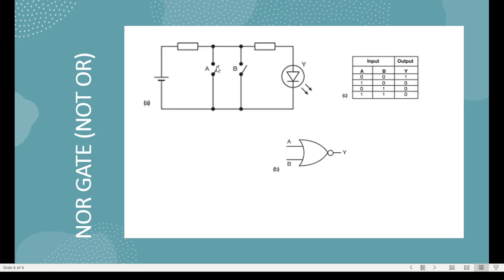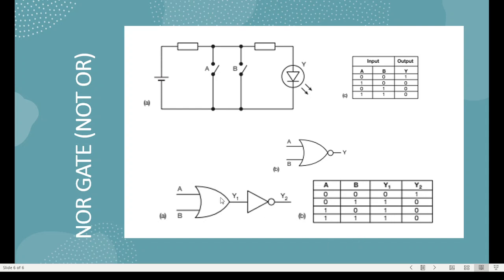Now if I leave this open and I close switch B, then I get nada, nothing at all, because the electric current will go here, circle around here, leaving the output Y not getting any electricity. So we have 0. And if both switches are on, we still won't get any signal from the LED.